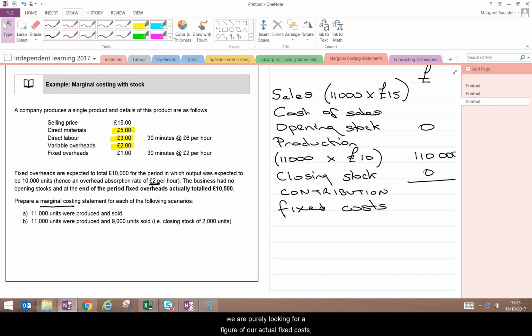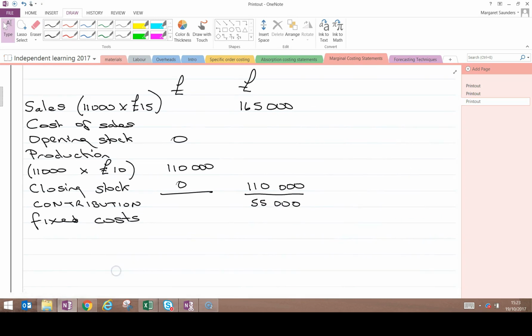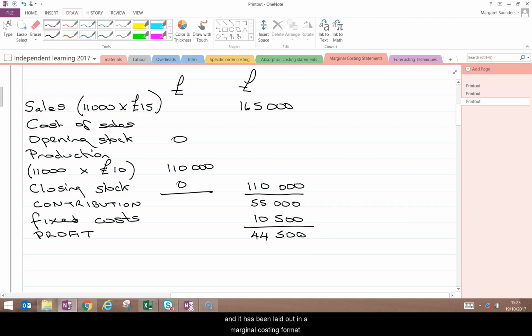We are purely looking for a figure of our actual fixed costs, which were £10,500. And we have a profit of £44,500. And it's been laid out in a marginal costing format. So that's part A of the example.